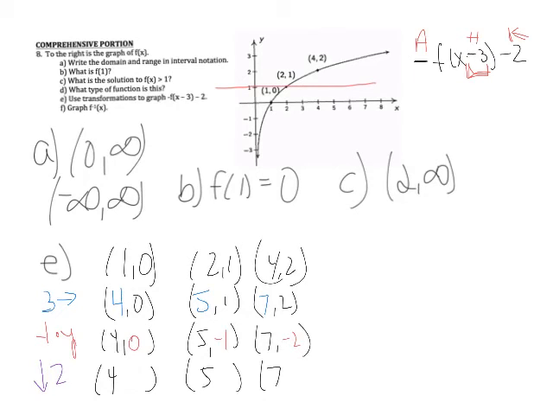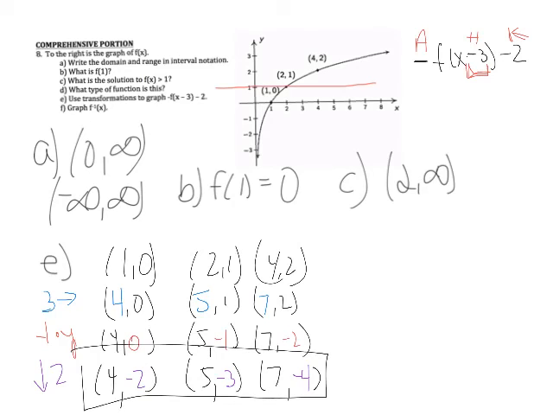And obviously you guys would do this all at once, like you would take care of each point individually. I'm just doing all the x's and then taking care of the y's so I don't have to keep switching back and forth with my colors. So 0 minus 2, negative 2. Negative 1 minus 2, negative 3. Negative 2 minus 2, negative 4. Okay, so that's your final resting spot for those transformations.